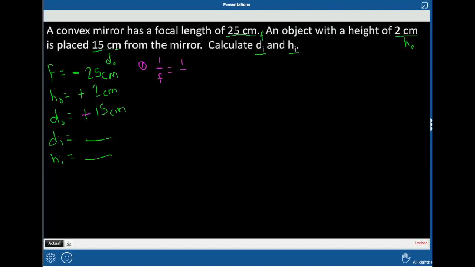So I'm going to have 1 over F is 1 over DI plus 1 over DO. 1 over negative 25 equals 1 over DI plus 1 over 15. I get negative 0.04 for my focal length. Remember, I'm just going to turn it into a decimal because it makes the math easier.